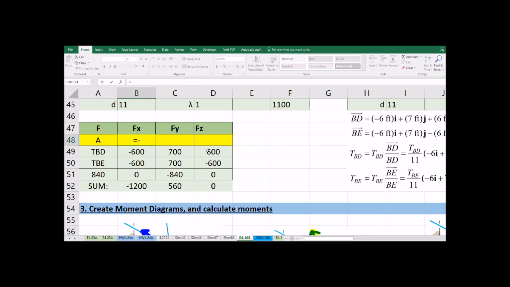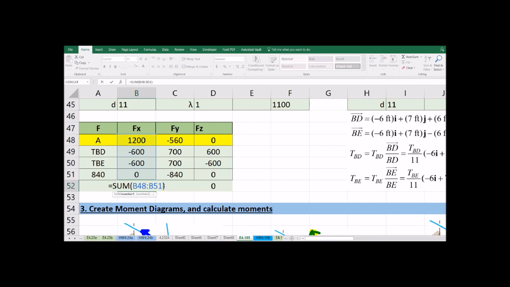Equals negative sum. It has to make up the difference, right? Whatever those tensions and the 840 pounds did not balance, the A has to balance that out. So you're just going to take the negative of whatever didn't balance out. And that'll make sure that each of these columns adds to 0.